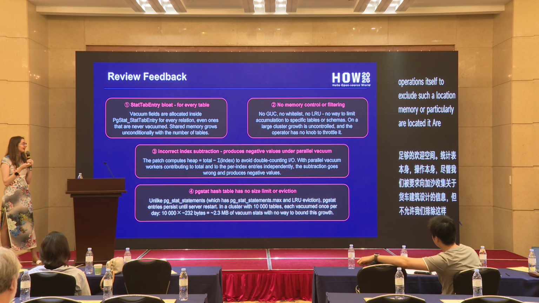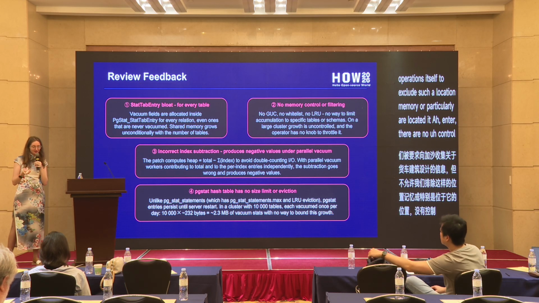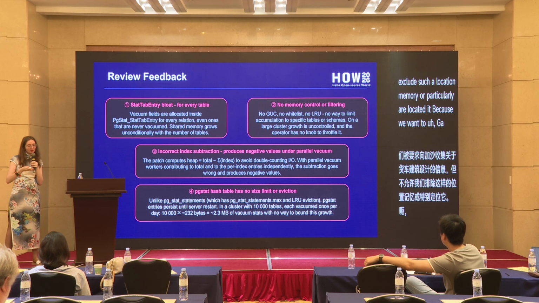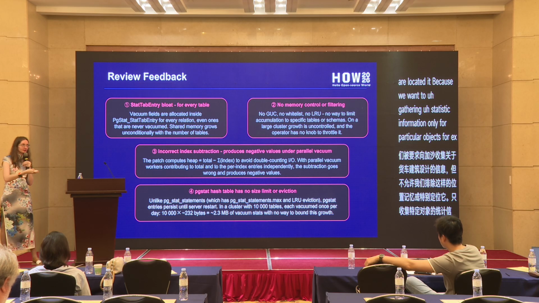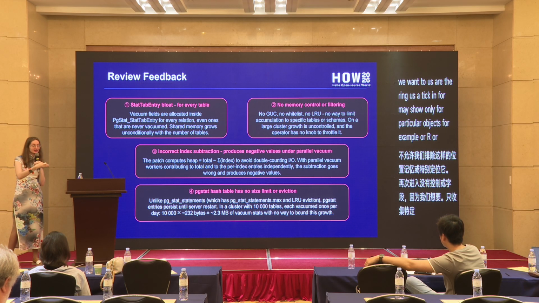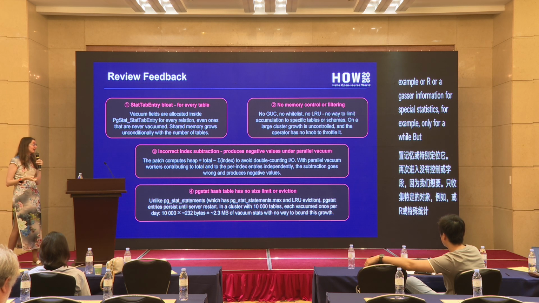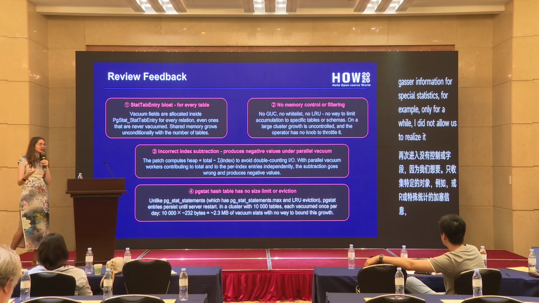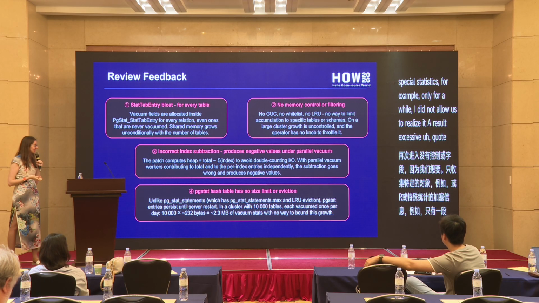And there is no control or filtering, because we want to gather statistical information only for a particular object, for example, or gather information for special statistics, for example, only for WAL. But it did not allow us to realize that without excessive code and changing architecture.